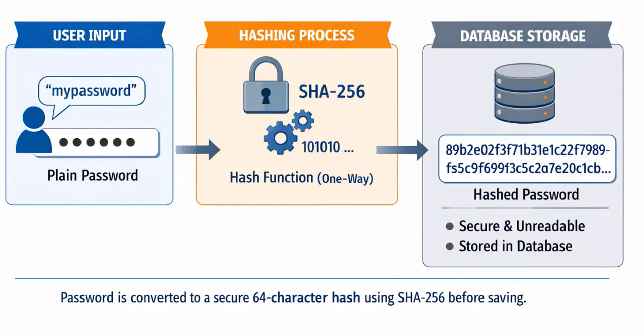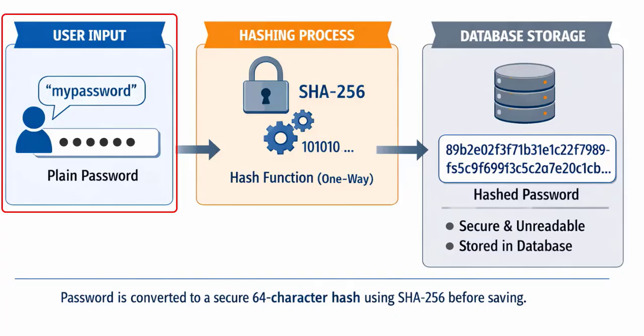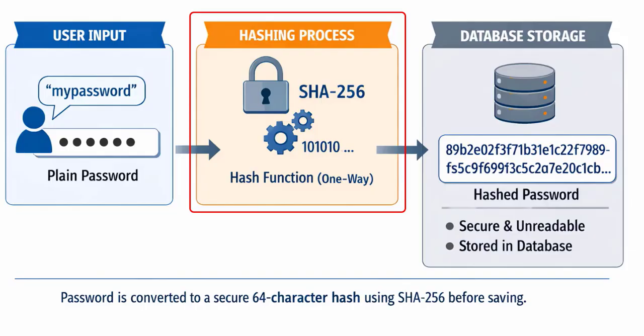Okay, friends, before implementing the hash password method, let's understand the idea with this picture. For example, in a create user form, the user enters details like username, password, and role. Whenever the form is completed, the hashing function first converts the password into a 64-character hexadecimal hash.